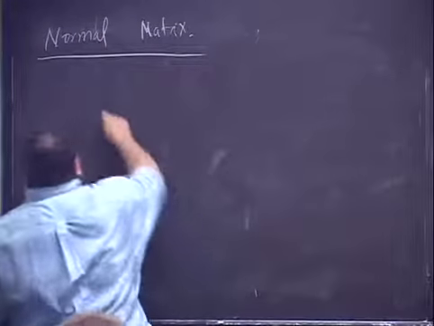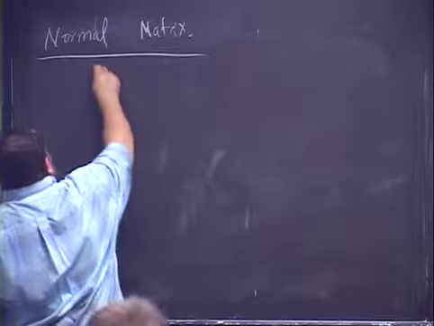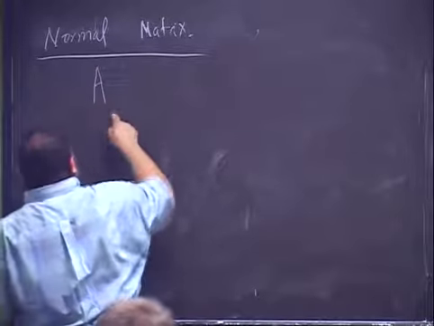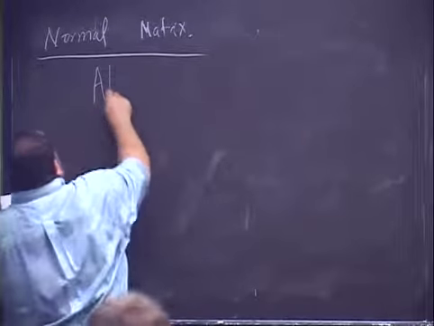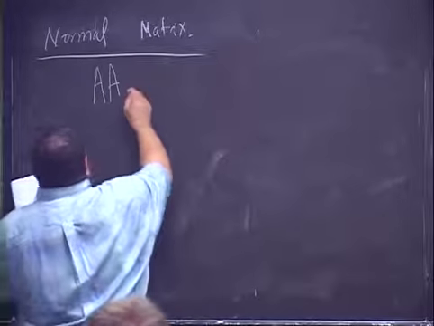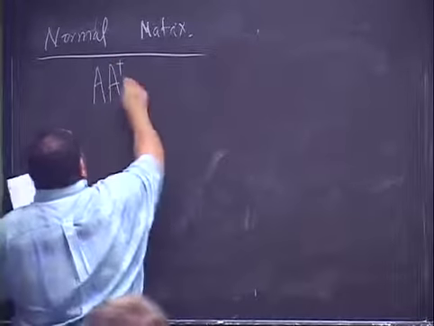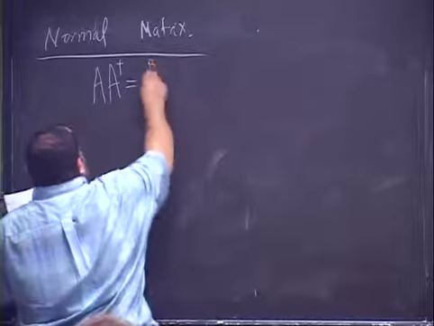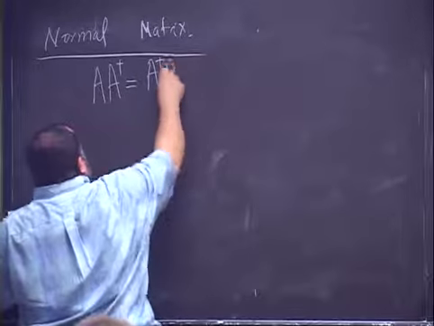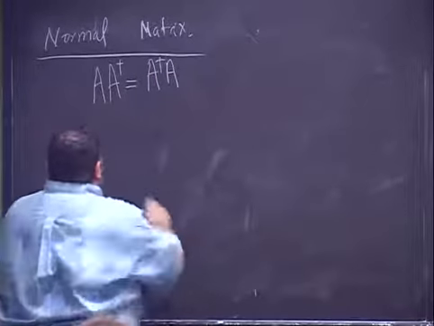The normal matrices are those matrices that fulfill the following: A A dagger is equal to A dagger A. So they commute.